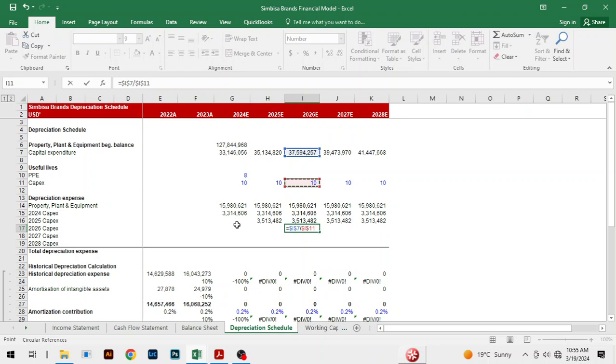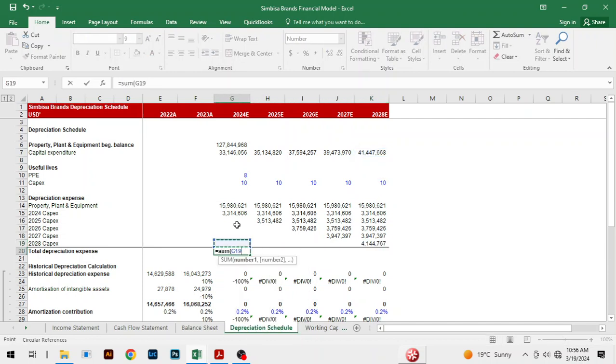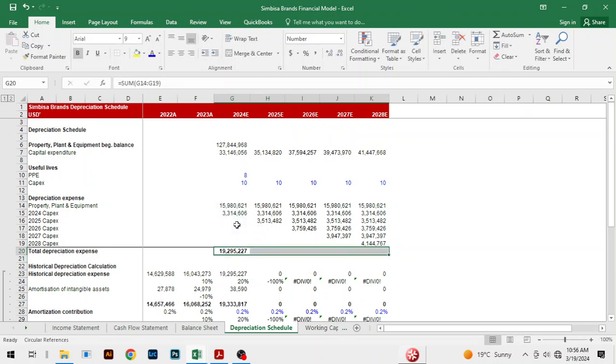I divided by, and then I copied that. So here I'll also do the same and divide by the useful life here, and I'll also do the same here, divided by, and I anchor that. Right, so here I'll add the total depreciation here.